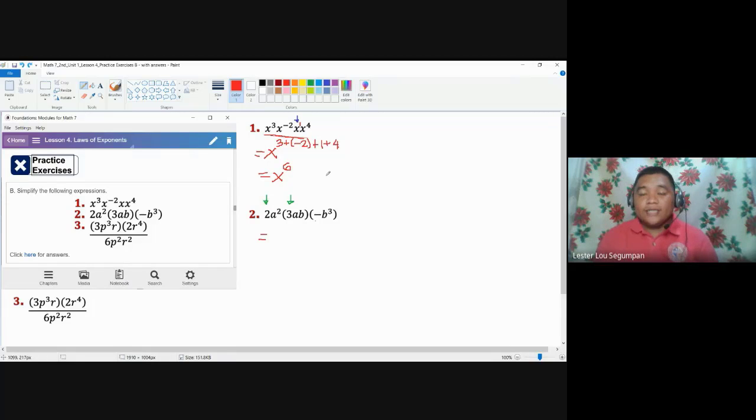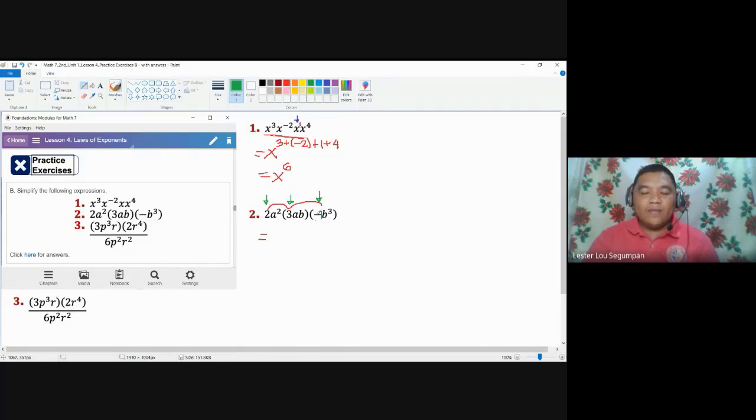But in number 2, since we have numerical coefficients aside from 1, we need to operate them first. Again, we need to operate first the numerical coefficients before the literal coefficients. Operate meaning multiply because it's under multiplication. So we have here 2 times 3 is 6 times, what do you think is the numerical coefficient of the third term? As we have discussed in lesson number 1 of the same unit, we have here understandably 1.